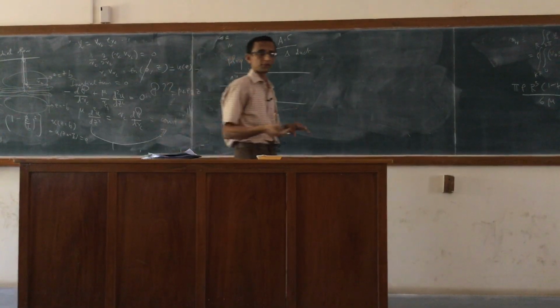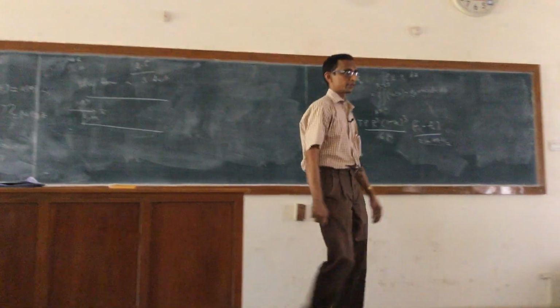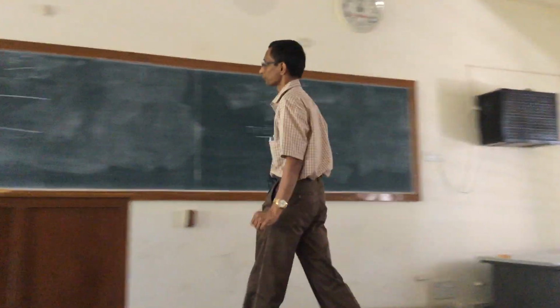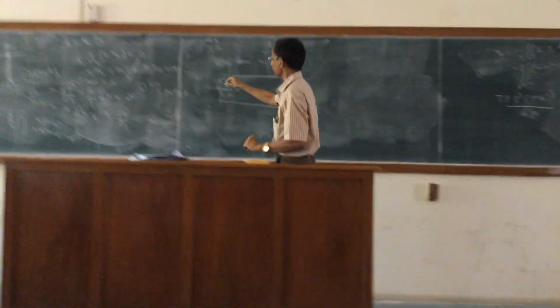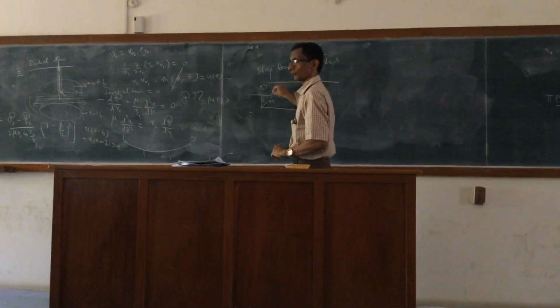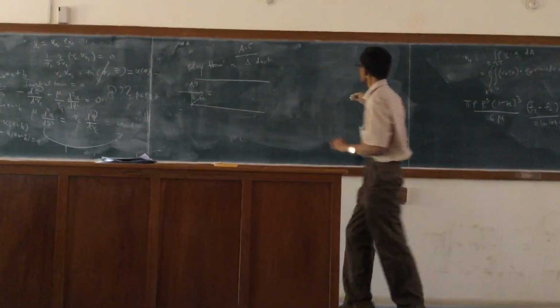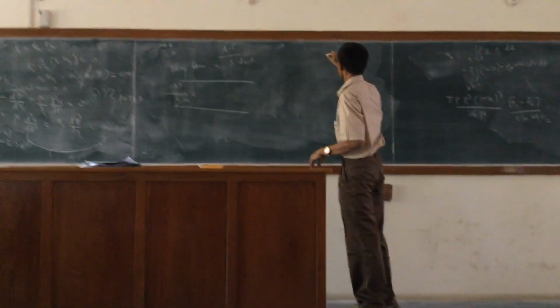If you want to recover the same formula in Bird, Stewart and Lightfoot for this problem, we make this Y and the direction corresponding to the width be X. I just plot the cross section here.